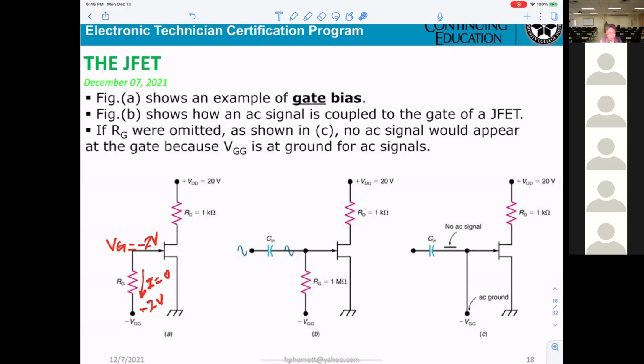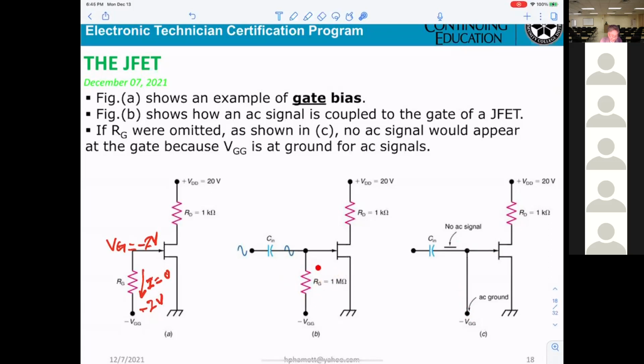We already know from the bipolar transistor, DC voltage will be grounded for AC. So if you ground it here and the signal comes in, it will short to the ground. It cannot go to the JFET. That's why you need that resistor.